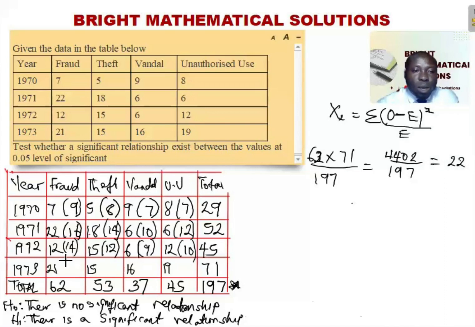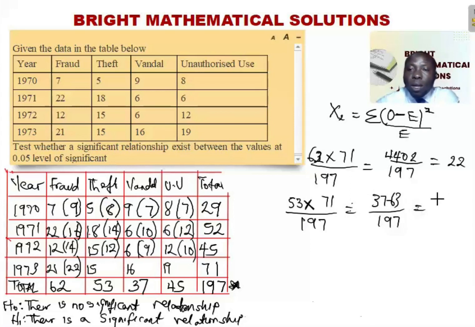So I'm writing 22. So for the next one, that's 53 multiplied by 71 divided by 197. So that gives me 3763 divided by 197, and that gives me 19. So here I have 19.